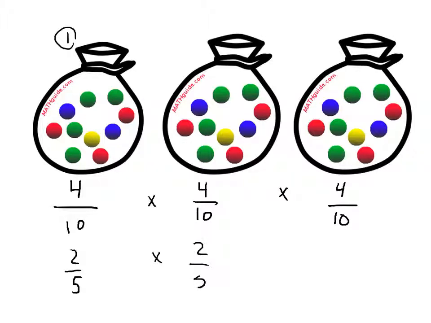So if I've reduced my fraction, it means 2/5 times 2/5 times 2/5. So multiply straight across. 2 times 2 times 2 is 8. And 5 times 5 is 25, times 5 is 125. And that does not reduce. So those are my odds of pulling green 3 times in a row.